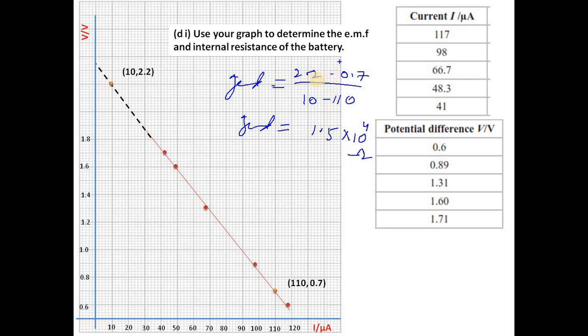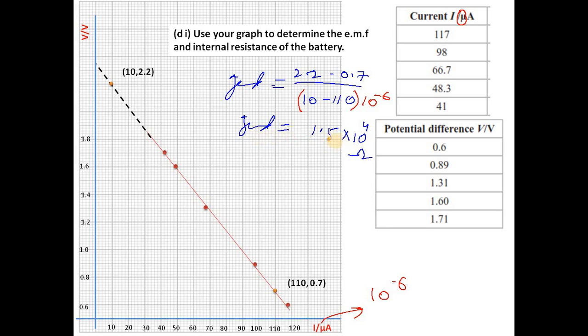Remember, I did it directly, but please don't forget the mu. Mu means micro, so the current is not in amperes, it is in microamperes. Micro means 10 to the power minus 6, so you must include 10 to the power minus 6 to get these values.